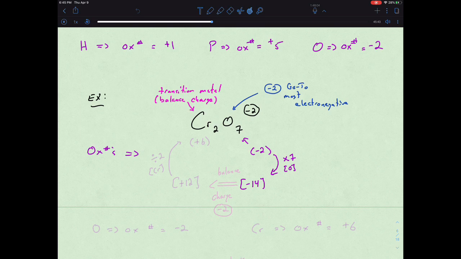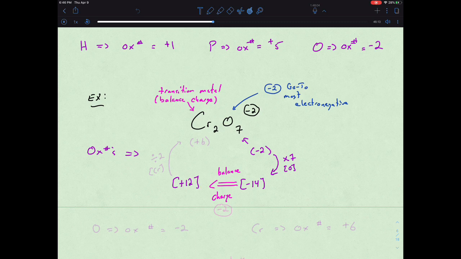And so that means that for the chromium side of things, in that nature of balancing out the charge, that means that we would have to have a total of +12 in order for that.